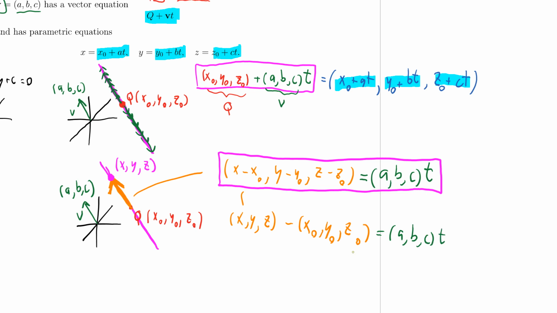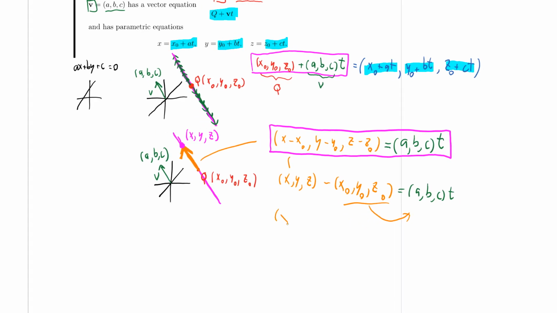And if I were to move this to the other side, I'm going to get (x, y, z) equals (x0, y0, z0) plus (a, b, c) times t.